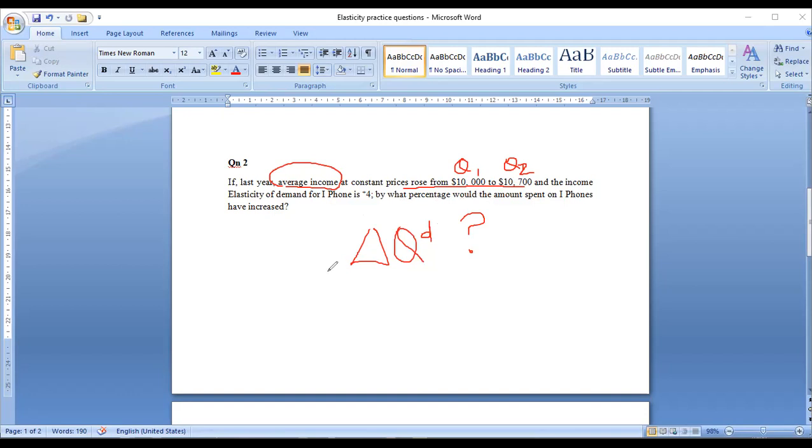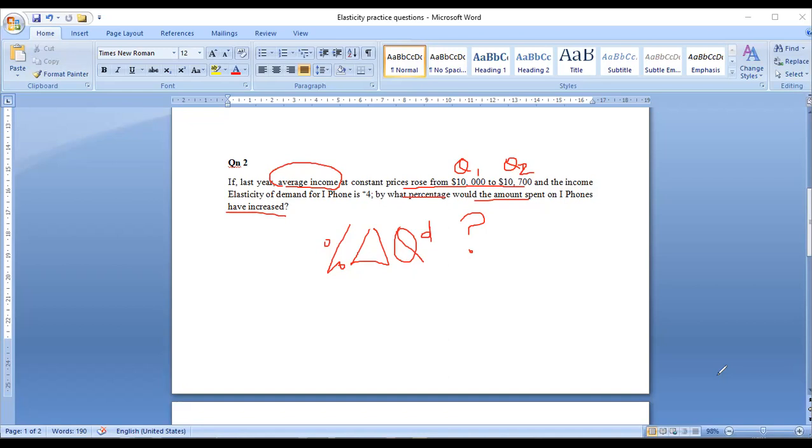We are looking for the percentage change. By what percentage would the amount, that is Q, quantity or output, spent on iPhones have increased? So much as you may think that these things are easy, your interpretation may put you out.